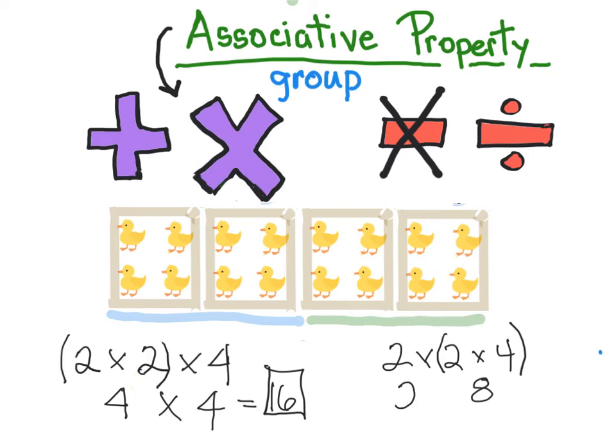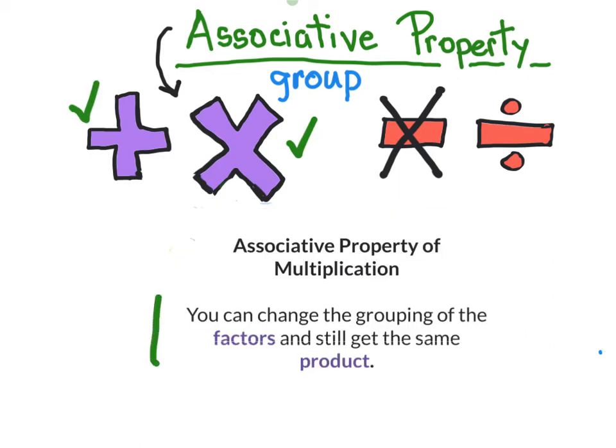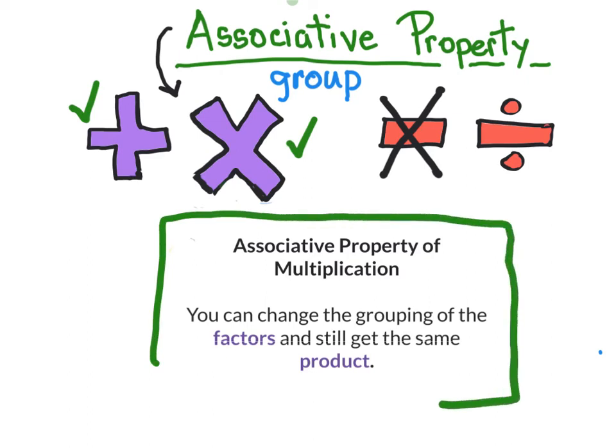So we have doubled our houses, and we have doubled the amount of ducks that can live in those houses, and 2 times 8 is 16. We can see that these 2 answers are the same. So there is an associative property for multiplication. The associative property of multiplication says you can change the grouping of the factors and still get the same product.